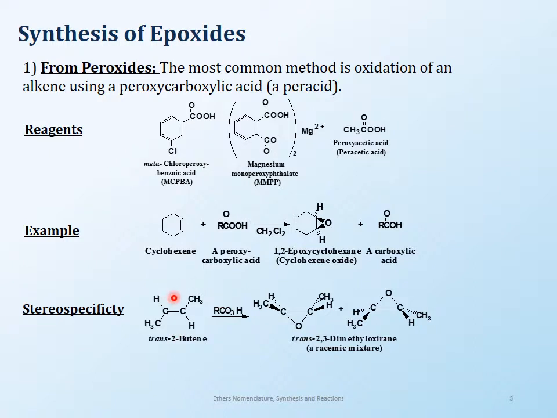In the next slide, we'll go over the mechanism, but still you don't have any choice of whether the reagent is coming from here or here, so which means it can come from both faces, and if it comes from both faces, you end up getting both kinds of epoxides, which means you end up getting a racemic mixture. Usually in exams or in homework, you don't have to write a racemic mixture. It's kind of understood. So all you have to do is specify the stereochemistry, and it's understood that you know that you are actually making an enantiomer.